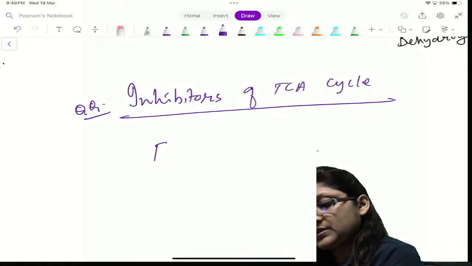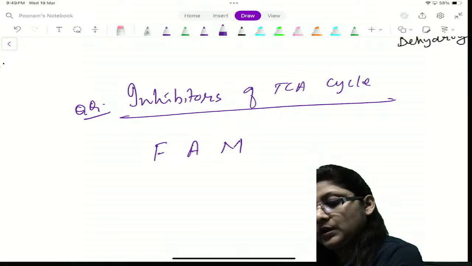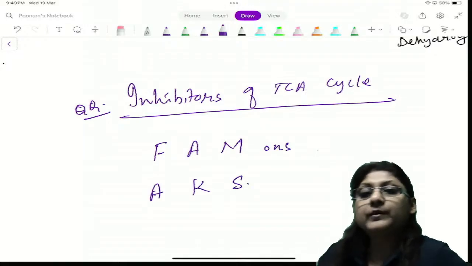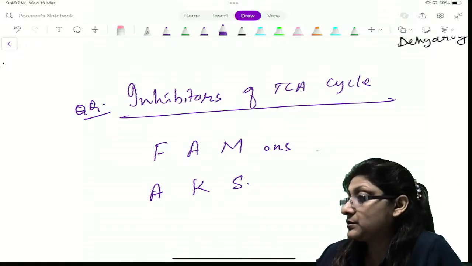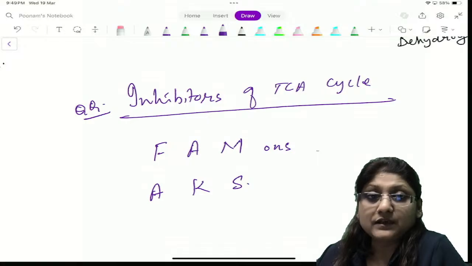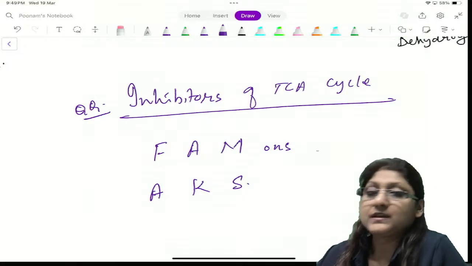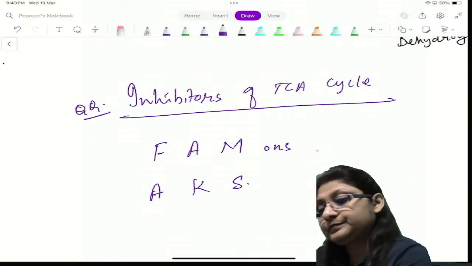So in that context, you must know a good mnemonic, FAMOUS. Famous is a good mnemonic to remember the names of inhibitors in the TCA cycle and the corresponding enzymes which they are going to inhibit.